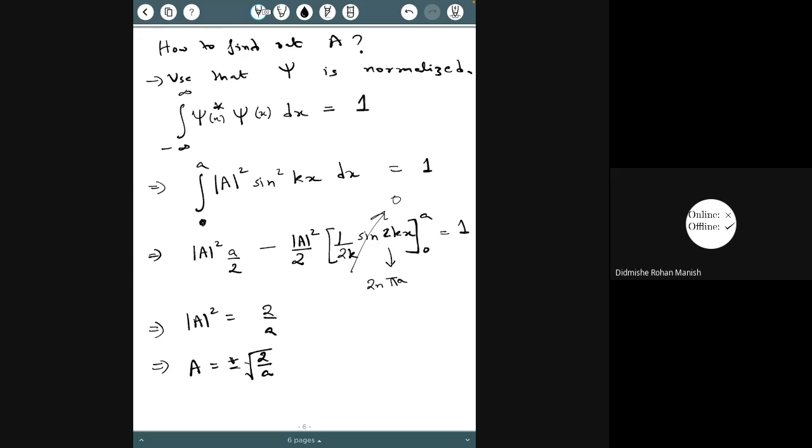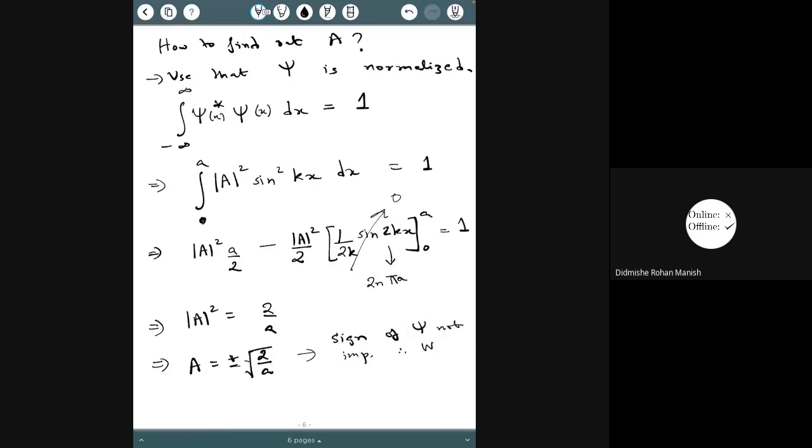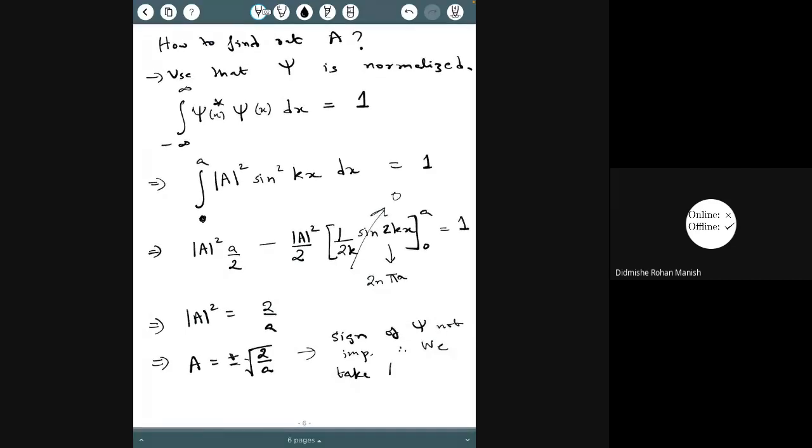Again, since the sign of the wave function is not important, we can just select the sign of psi not important. Therefore, we take A equal to root 2 by a.